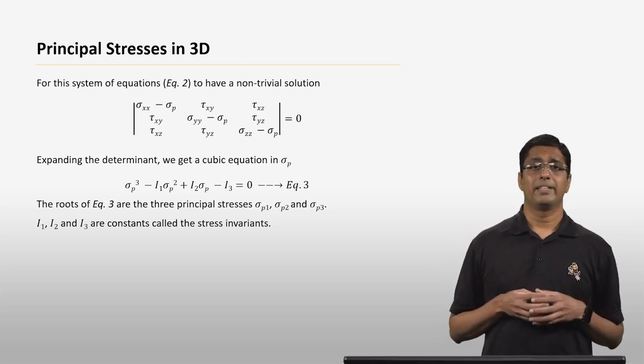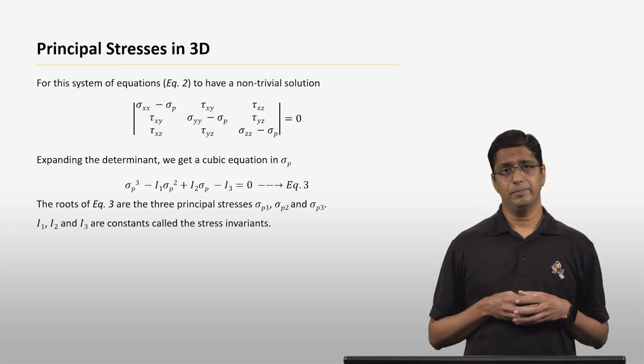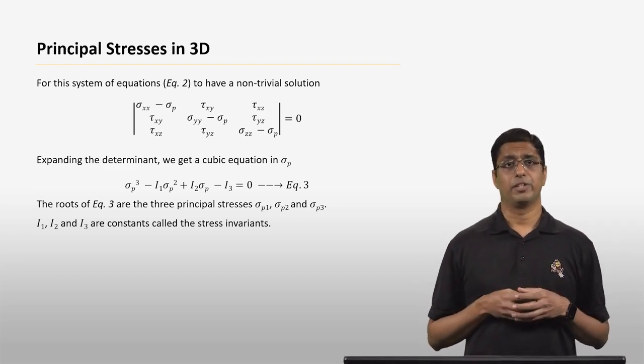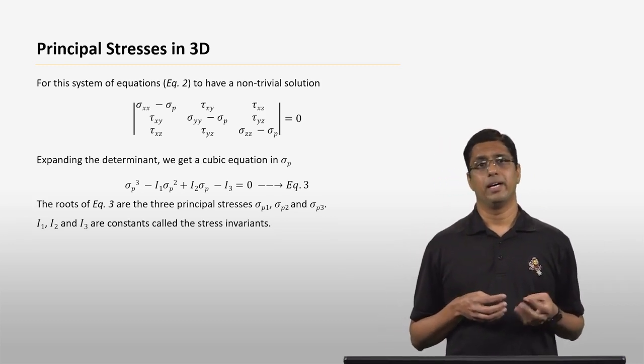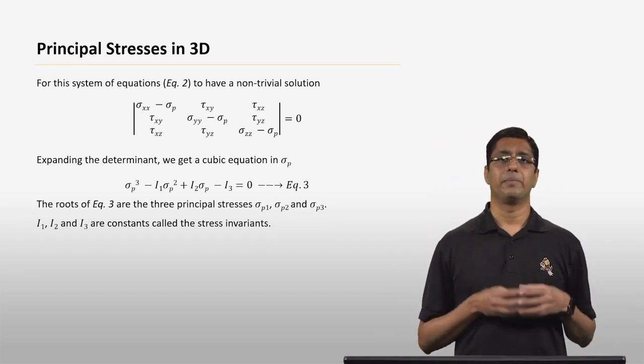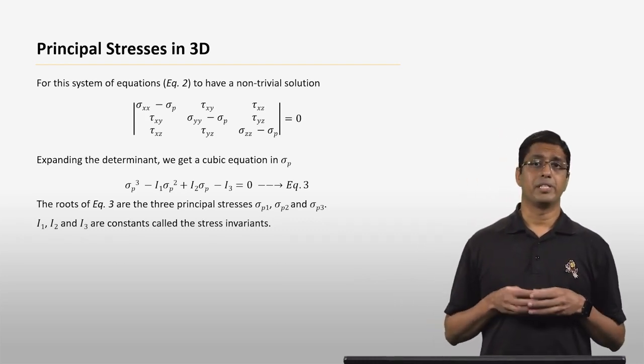But the main thing I want you to know is that once you have this cubic equation, you can solve for its roots. Because it's a cubic equation, you will get 3 roots, sigma p1, sigma p2, and sigma p3, which are the 3 principal stresses.